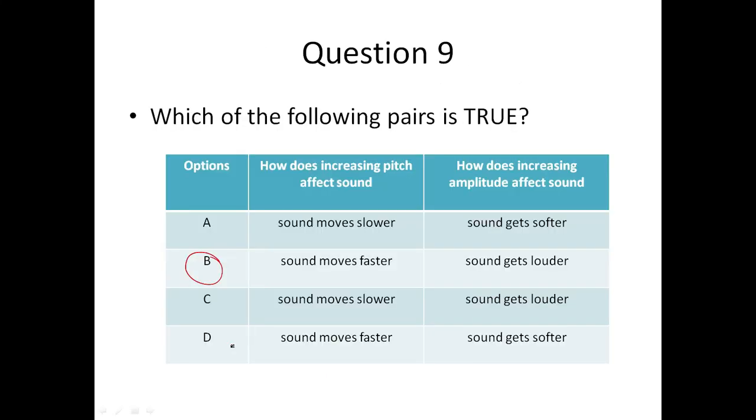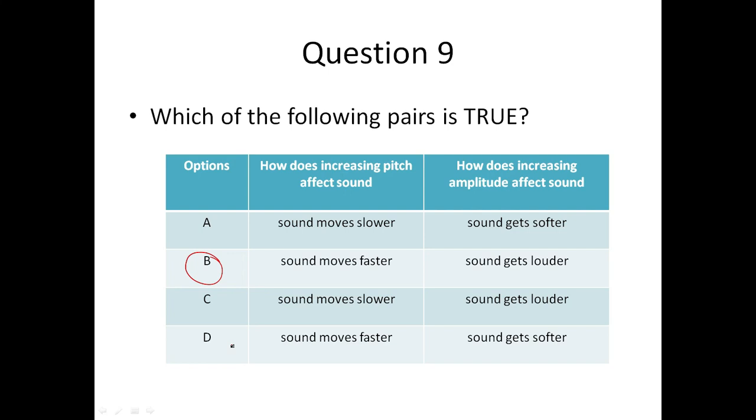Which of the following pairs is true? So the following pair is that if you increase the pitch, it would make the sound move faster. And how much? Well, the sound would be faster. And then how does an increase in amplitude affect sound?